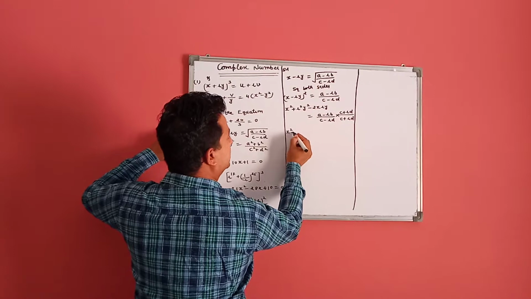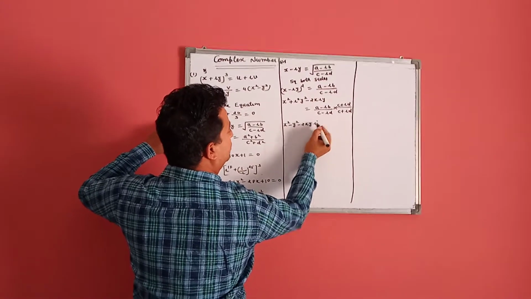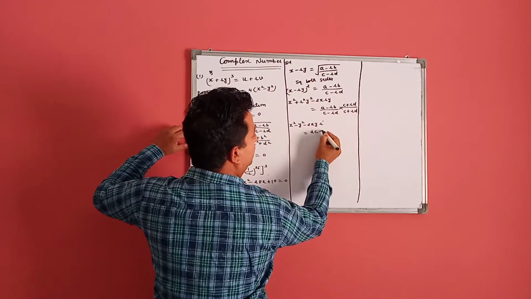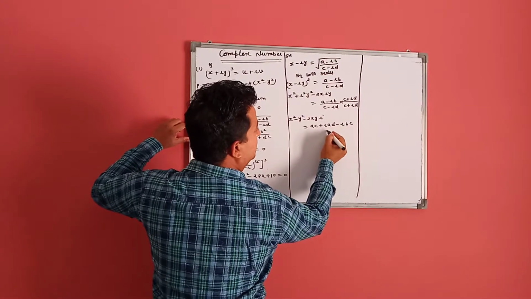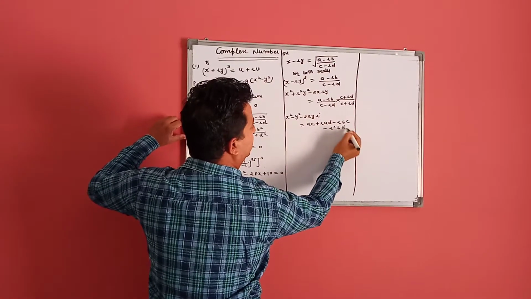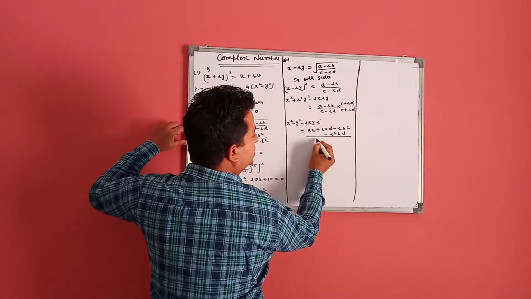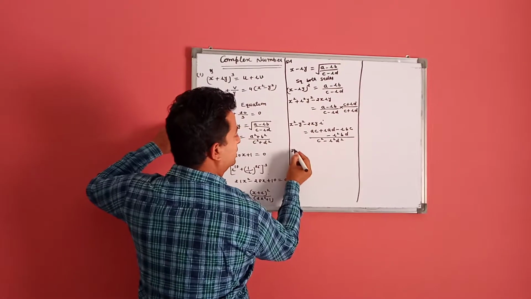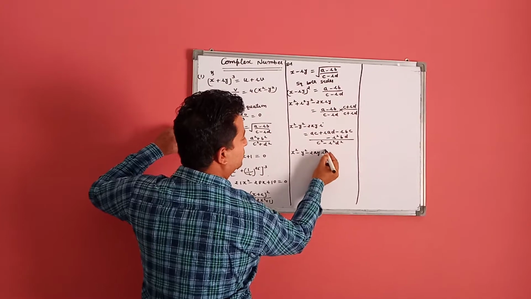In this, x² + iota² is −1, −2xy iota. Multiply this: a into c + iota ad − iota bc − iota² bd. In the denominator, the identity is (a − b)(a + b), which becomes a² − b². This equation is x² − y² − 2xy iota.